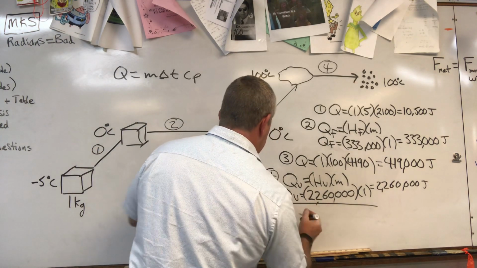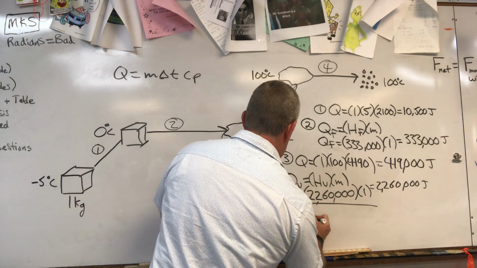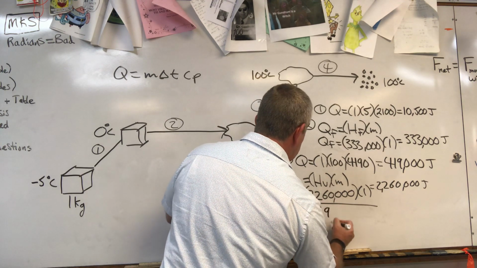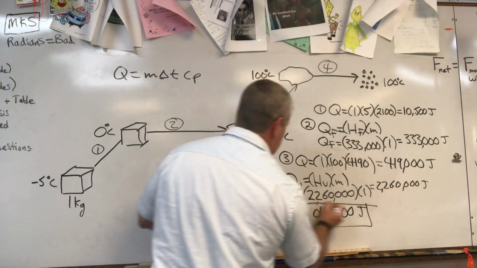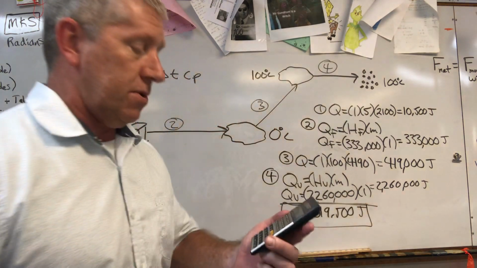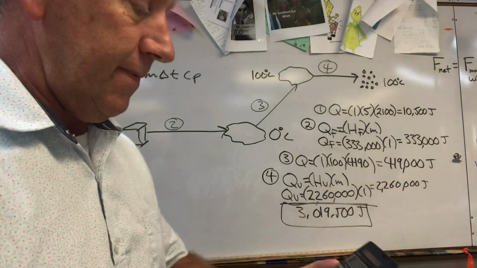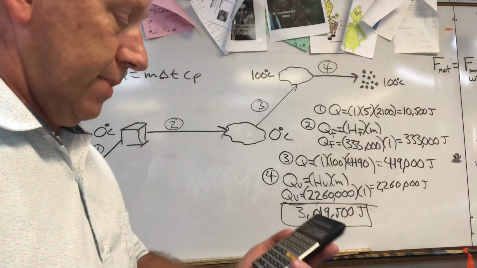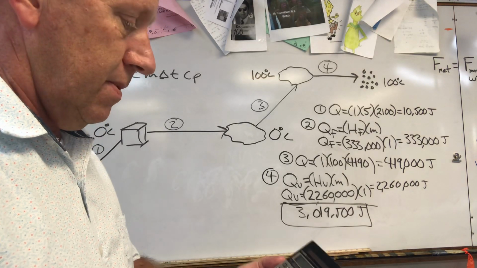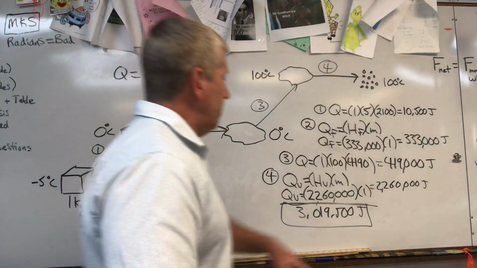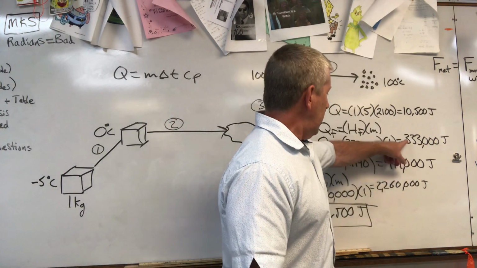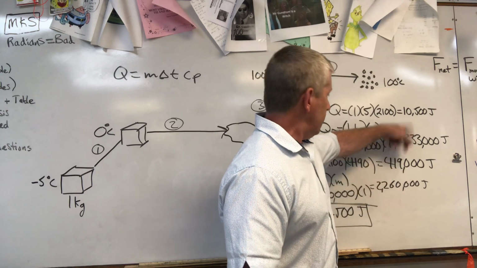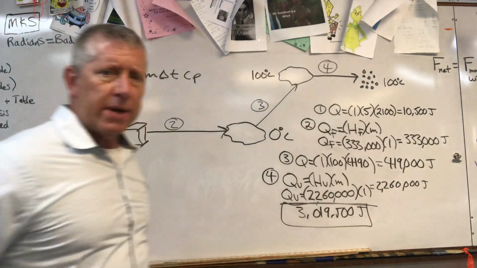It's supposed to be 3,019,500 joules. My calculator doesn't say that because it's crapping out on me. And that makes sense. This is 2 million, 2.2 million, 2.6 million, 3 million and change. So that does look right. Okay, I'm sorry it took so long.